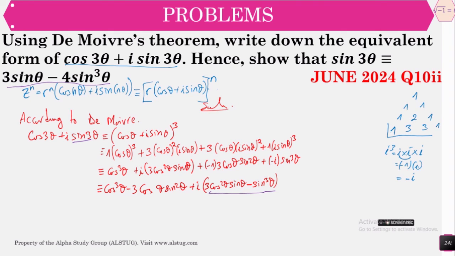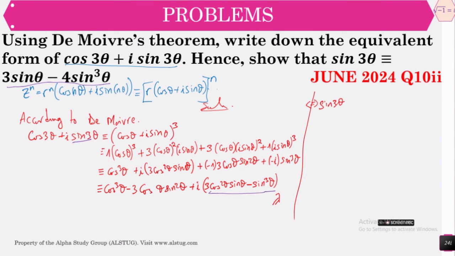Now if that is supposed to be so, then what can we do? You are going to permit me to wipe Pascal's triangle the other way. So if the imaginary sections are equal, it means sine 3 theta can be equal to 3 cos squared theta sine theta minus sine cubed theta.